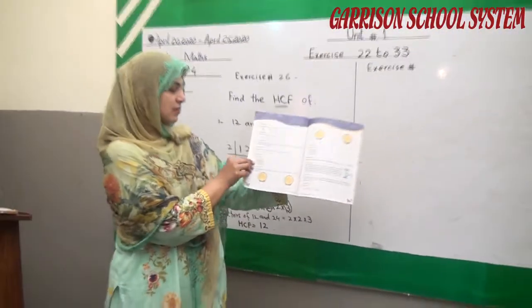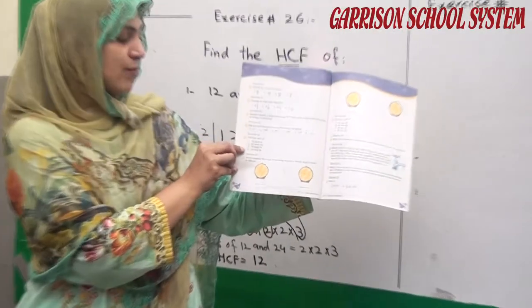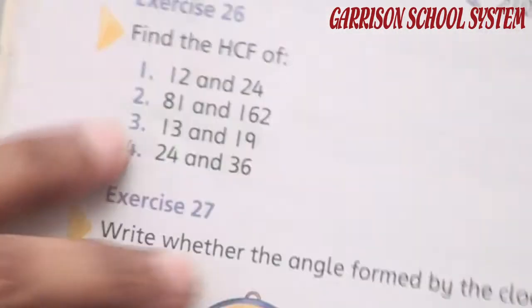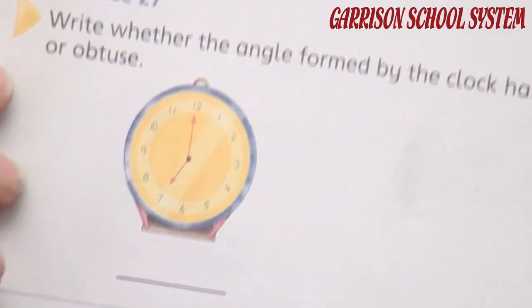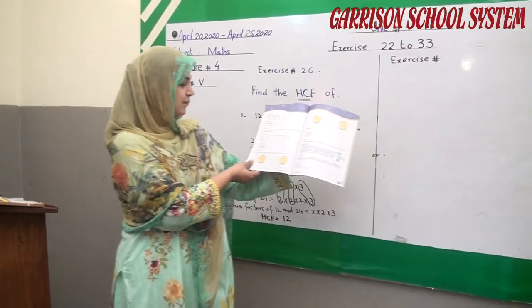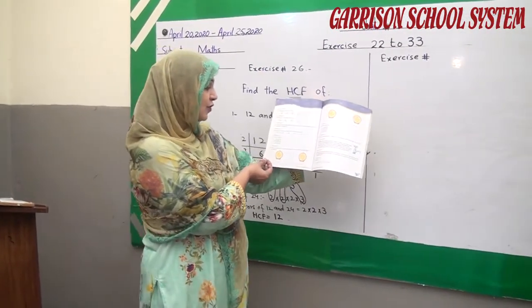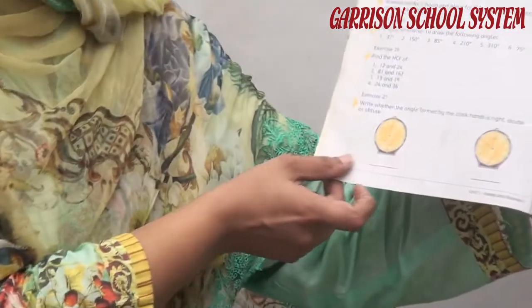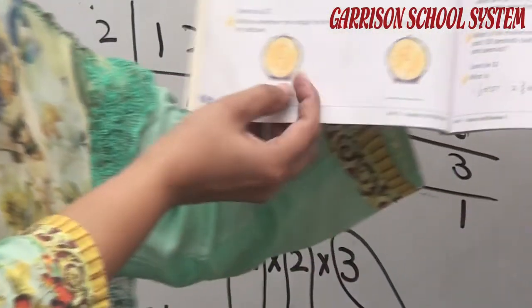Now we have here 4 parts, 1, 2, 3 and 4. One part I have done, and parts 2, 3, 4 you can do by yourself at home. Now come to exercise number 27. Write whether the angle formed by the clock hands is right, acute or obtuse. So students, these are the minute hands and hour hands.